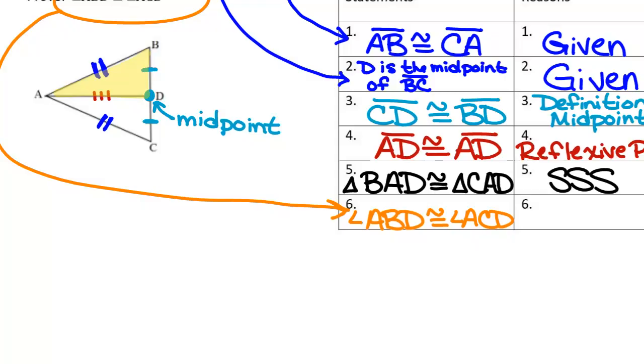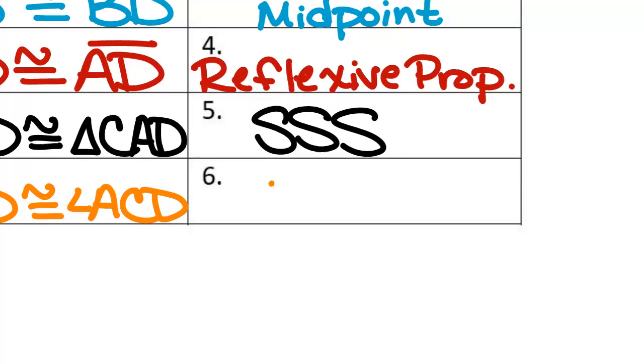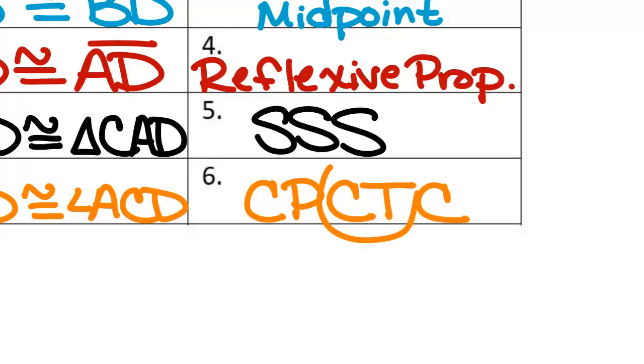What do we call parts of triangles that match up? Corresponding. So corresponding parts of congruent triangles are congruent. We have to show this before we are allowed to use CPCTC. You have to show that the triangles are congruent before you can use CPCTC.